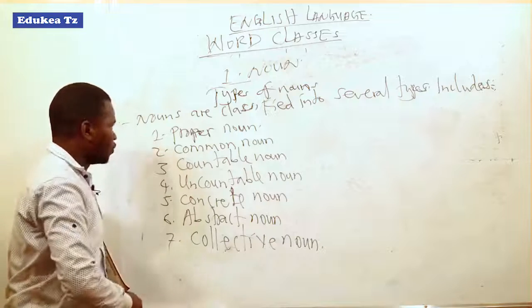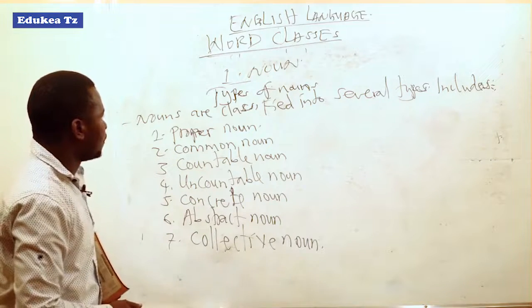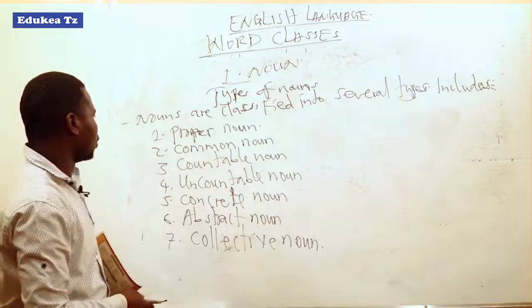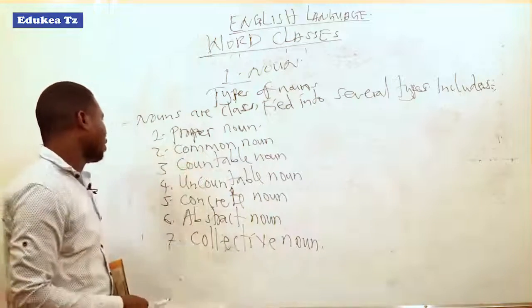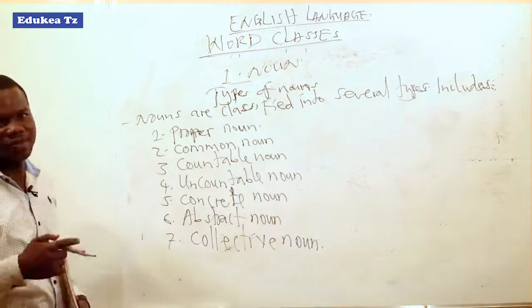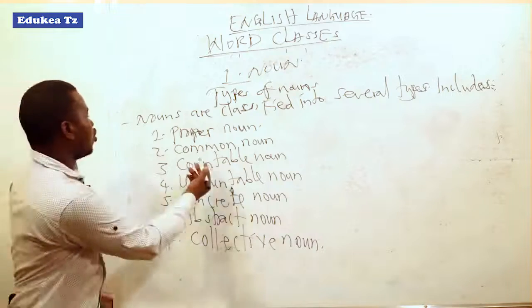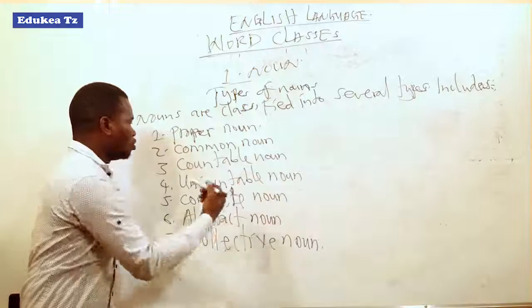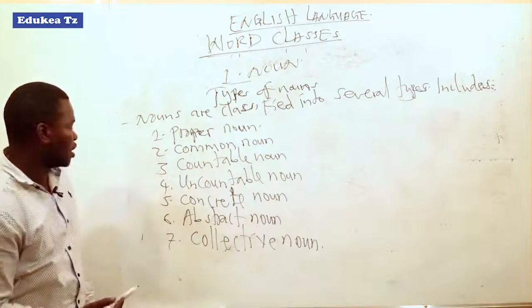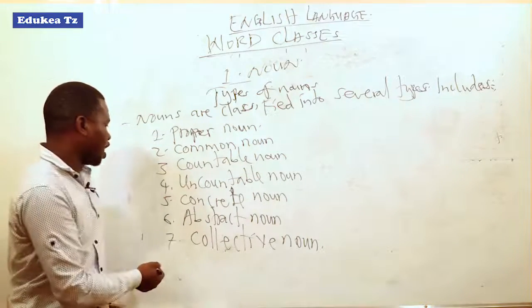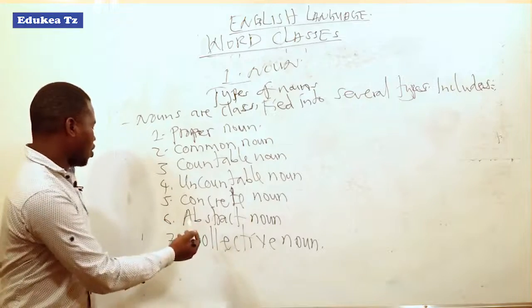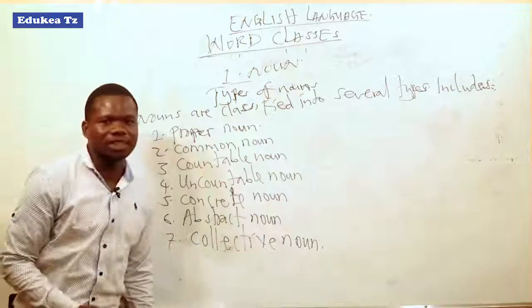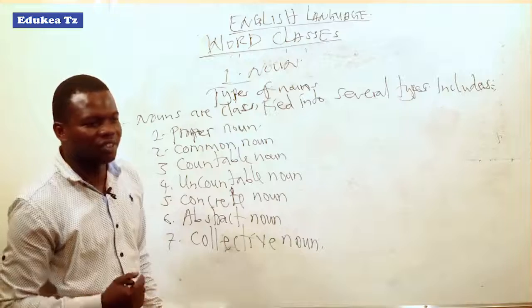Nouns have a number of types as follows: proper noun, that is the first type. Again, we have common noun, that is number 2. Again, we have countable noun, that is number 3. Again, we have uncountable noun, concrete noun, abstract noun, as well as collective noun.